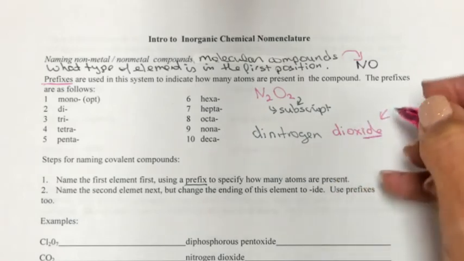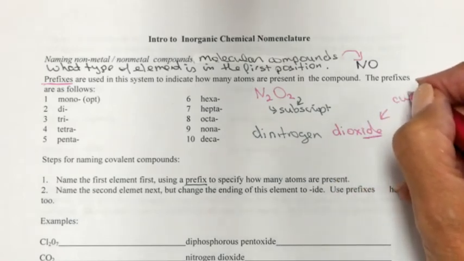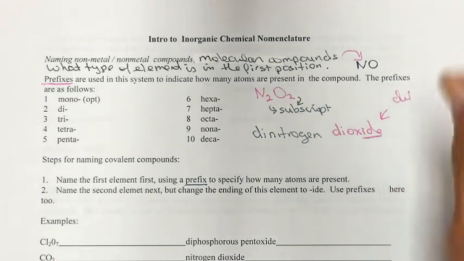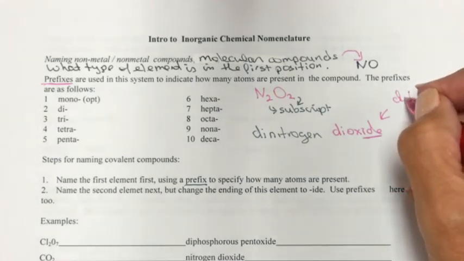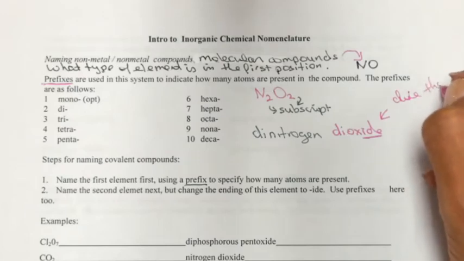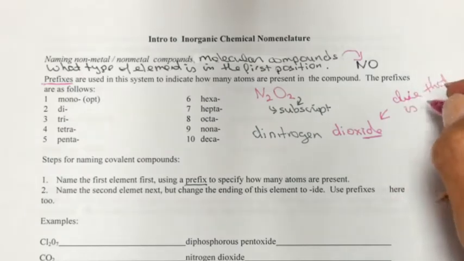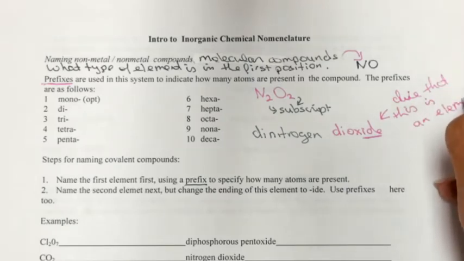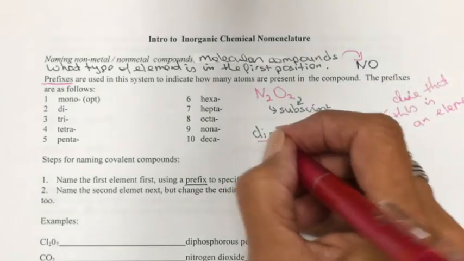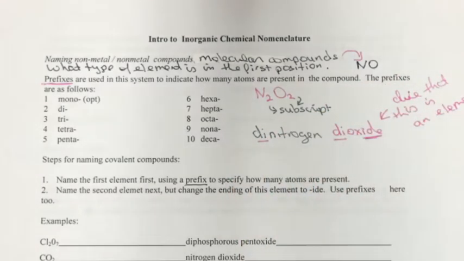This is a clue here. Oh, clue, C-L-U-E, that this is an element. So I'm looking for clues as I go through these. So I have dinitrogen dioxide.